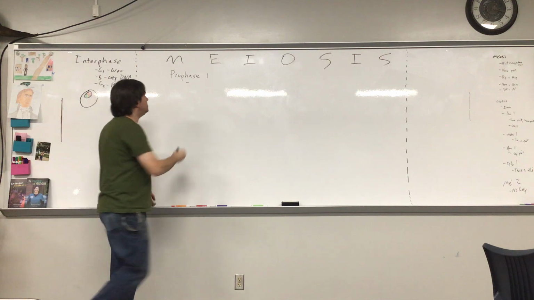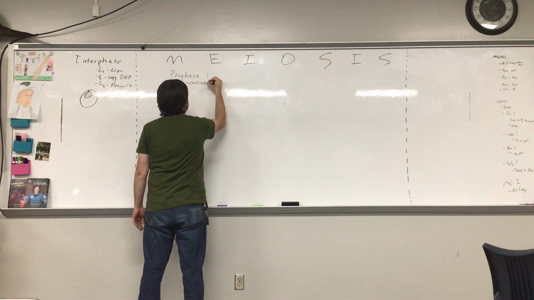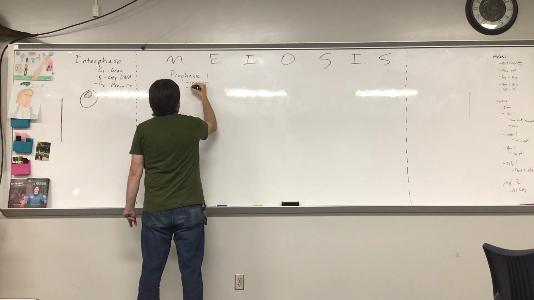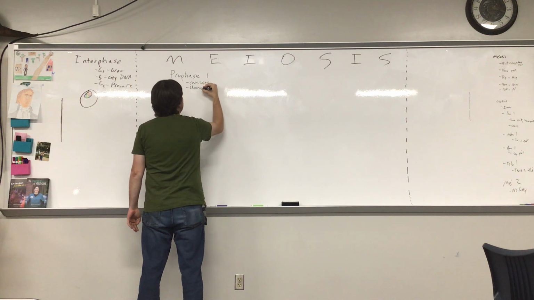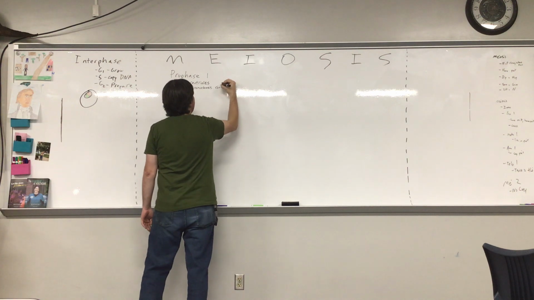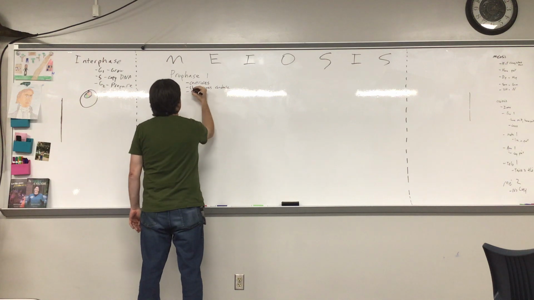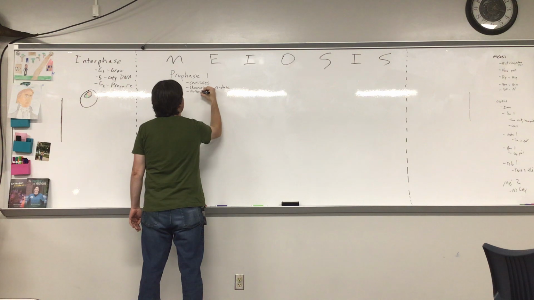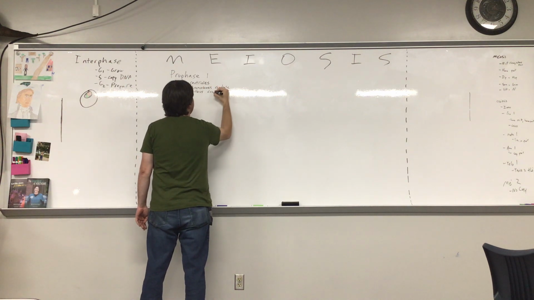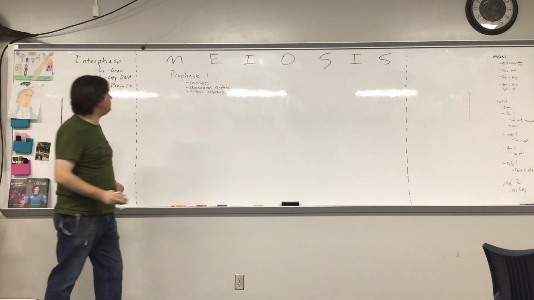Same as mitosis, you get your centrioles, you get your thicky boys, your chromosomes are condensing, and you also get the nucleus disappearing. Same as mitosis prophase.